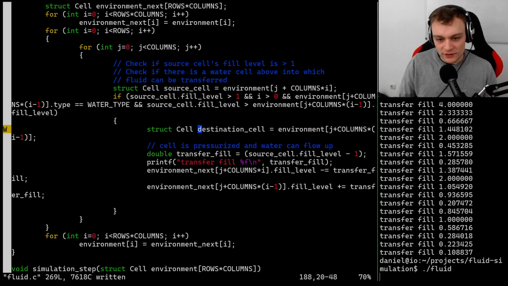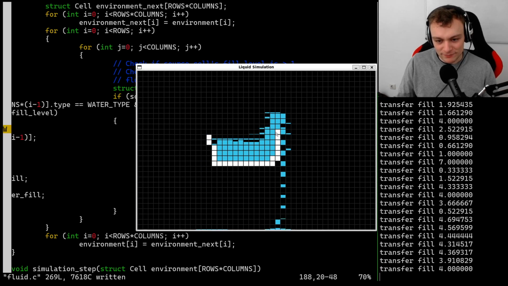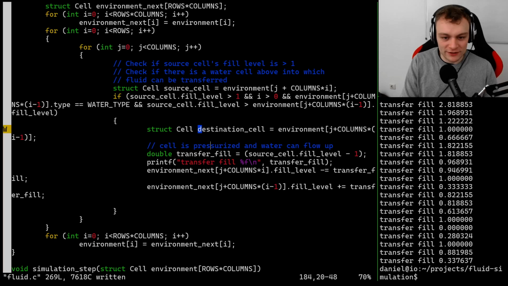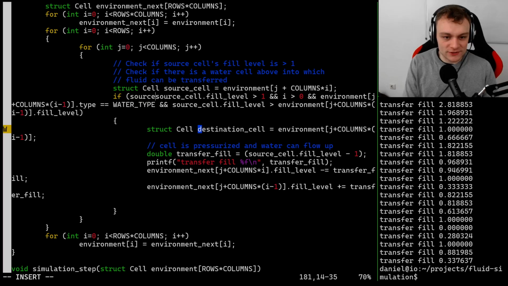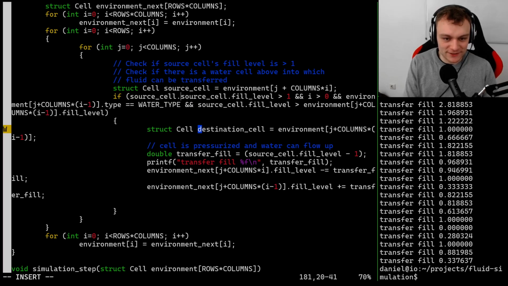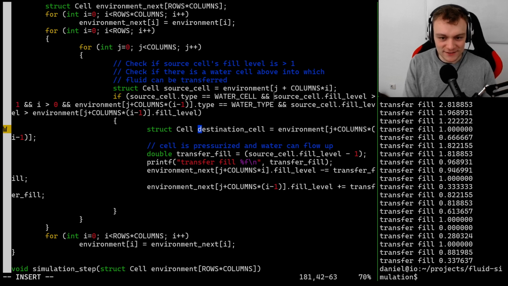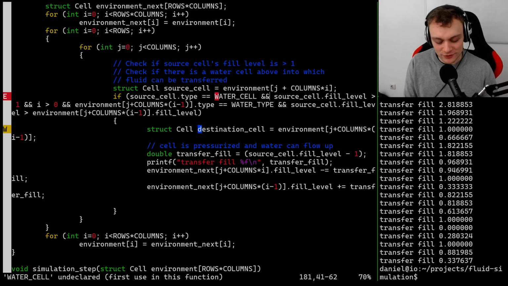Now we have a bug that makes... well, we have to check whether a cell is a water cell, because solid cells can't overflow. So if the source cell dot type is equal to water cell, because right now we have the case where the solid cells just overflow, which makes no sense.